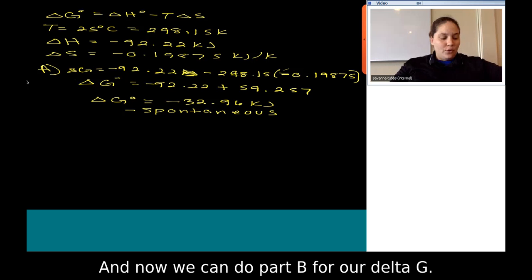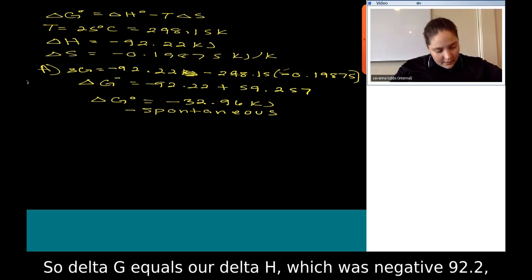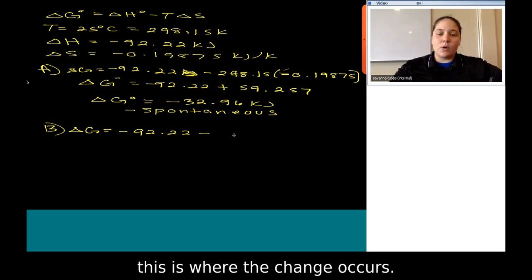And now we can do part B for our delta G. So delta G equals our delta H, which was negative 92.22, minus, this is where the change occurs.